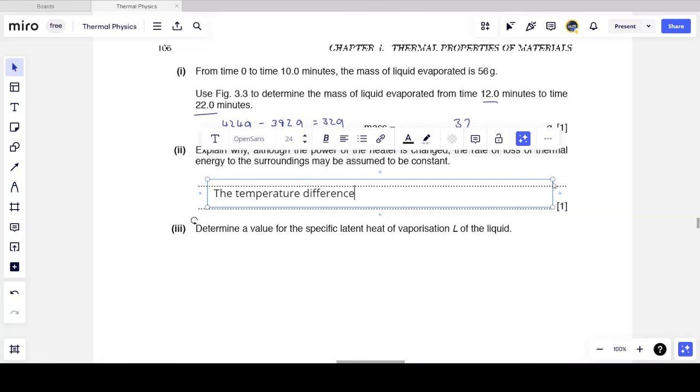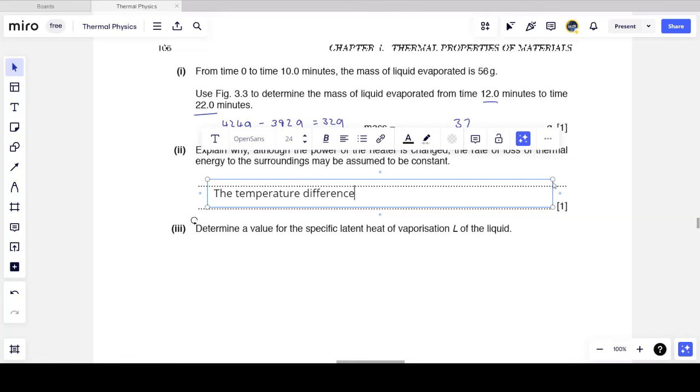So the temperature difference between the liquid and the surroundings remains the same. So the rate it loses energy to the surroundings won't change. As long as two cups of coffee are placed together and they have the same temperature difference, then one will pass thermal energy to the other at the same rate because the temperature difference remains the same.